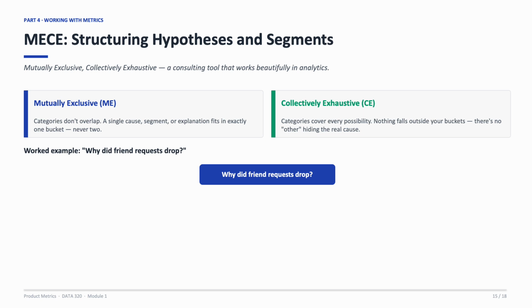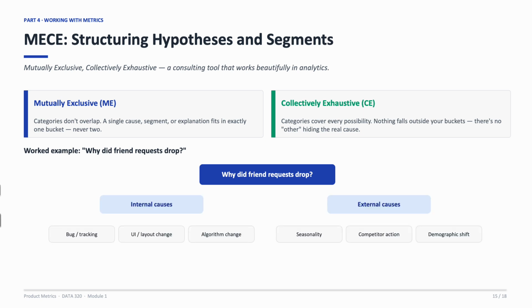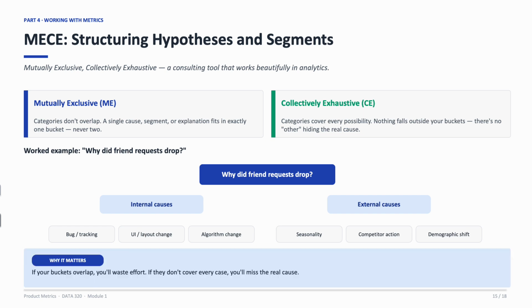The root question splits cleanly into internal versus external. That's the MECE split. Then each branch breaks into concrete causes. In a real investigation, you add more branches if needed to stay collectively exhaustive. The test is, could anything fall outside these buckets? If yes, add a branch.